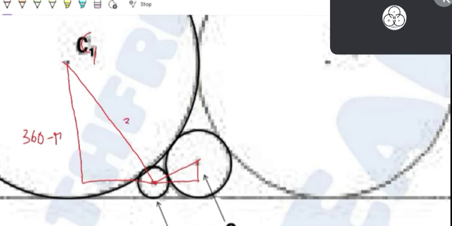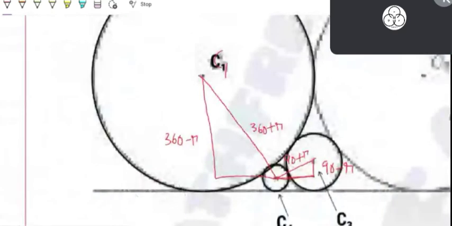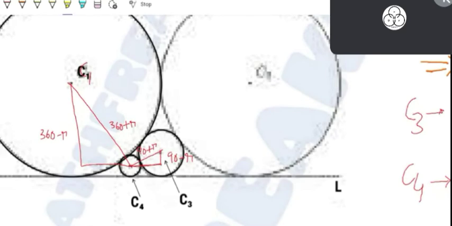This is 360 plus r. This is 90 plus r. This is 90 minus r. And we do not know what is the value of this, right? But again, if you can focus here, the total length of this segment is equal to the radius, which is equal to 360.